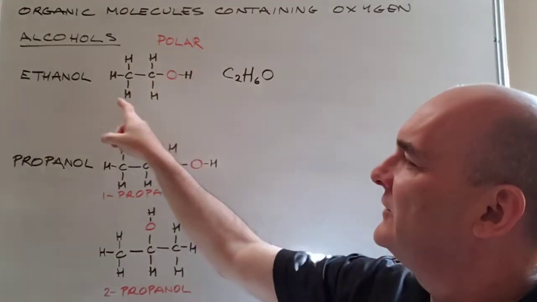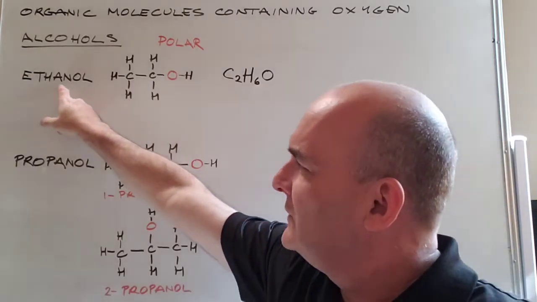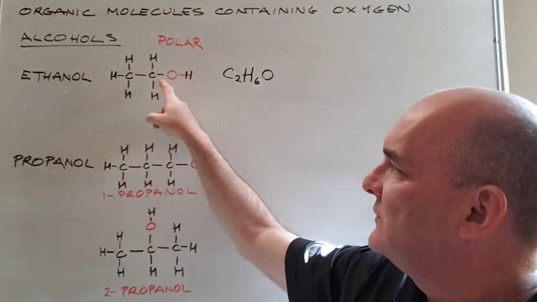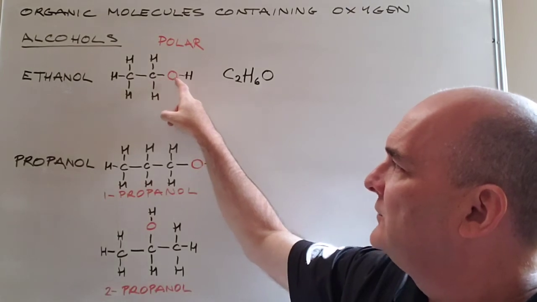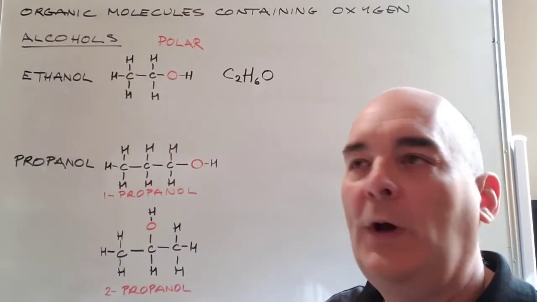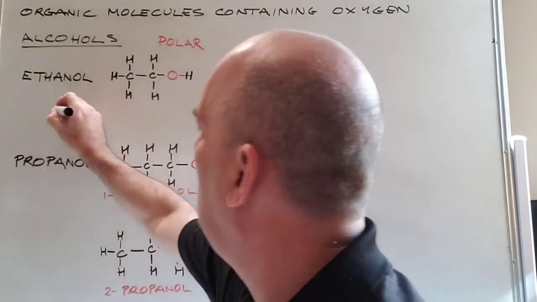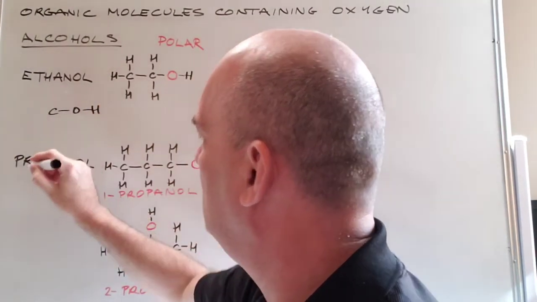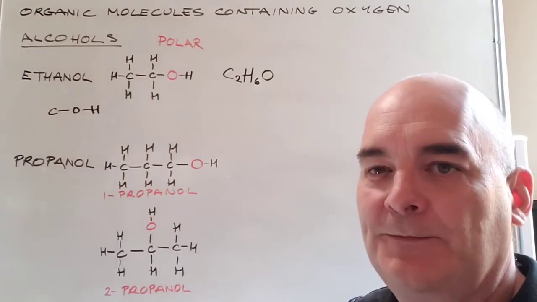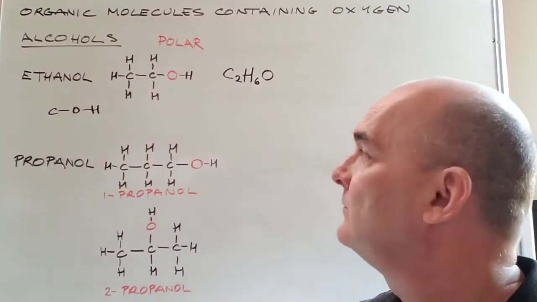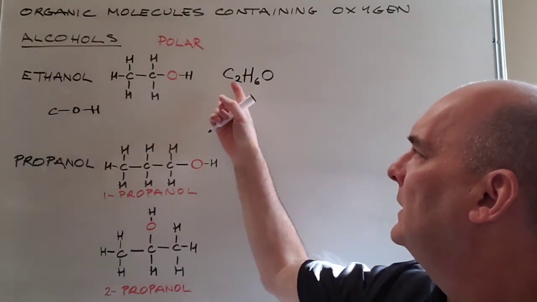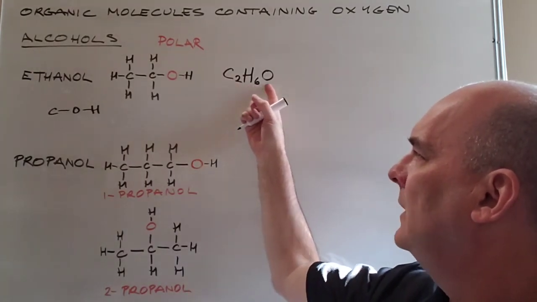It contains only single bonds, so there's the an part right here, and then it contains this group, carbon, oxygen, hydrogen. And when you have a carbon to oxygen to hydrogen set of bonds, that's an alcohol. So this is ethanol. It has a chemical formula of C2H6O.